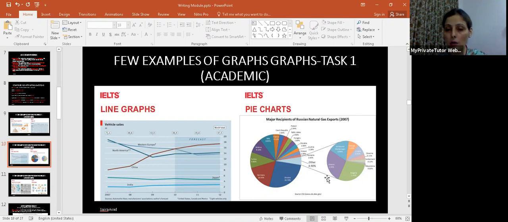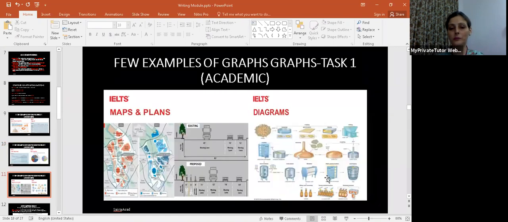You're going to look at the charts, understand what they are talking about, and then write about them. I can see that there's a comparison, because the charts are always comparing two or three things. You have to describe all that. They can be in the form of maps and plans, or any sort of diagram.